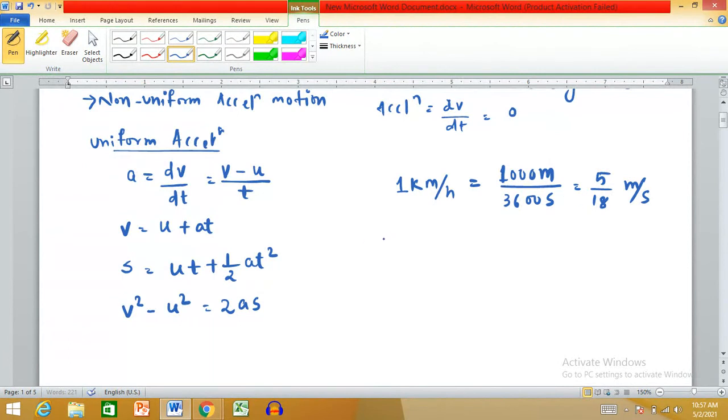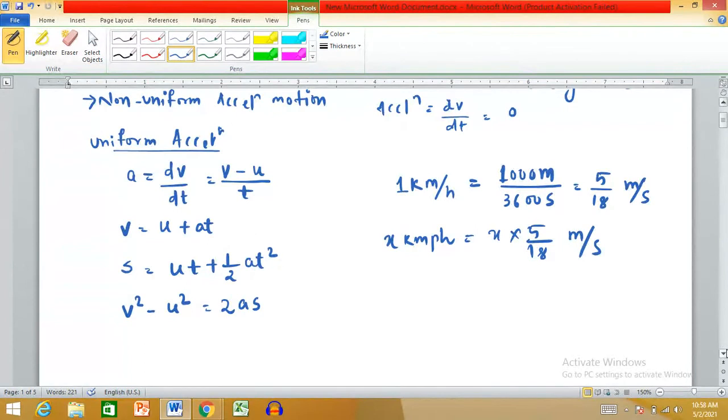So for x kilometer per hour, you can calculate x into 5 by 18 meter per second, and easily convert it into meter per second.